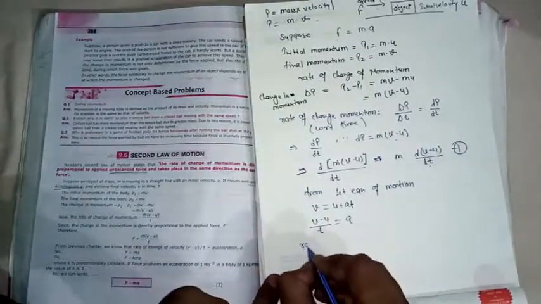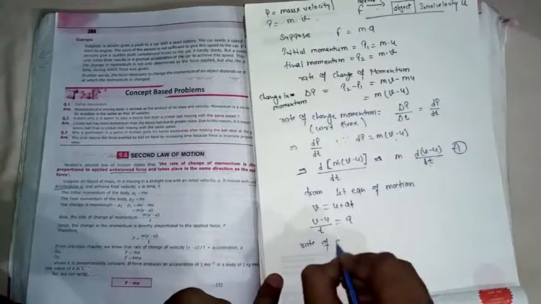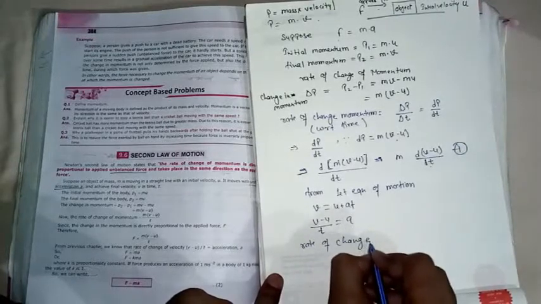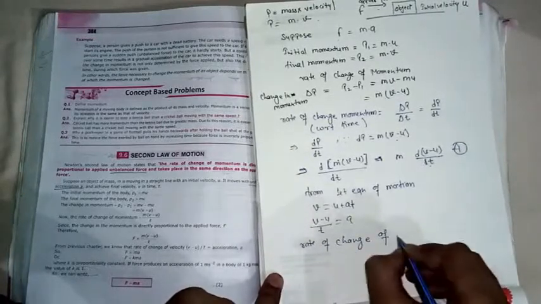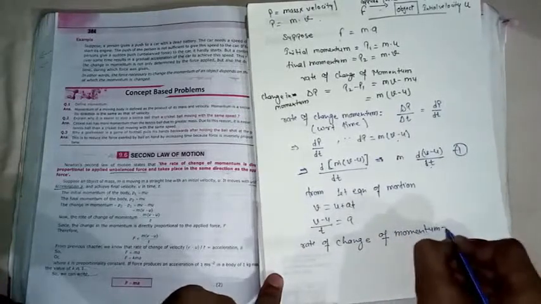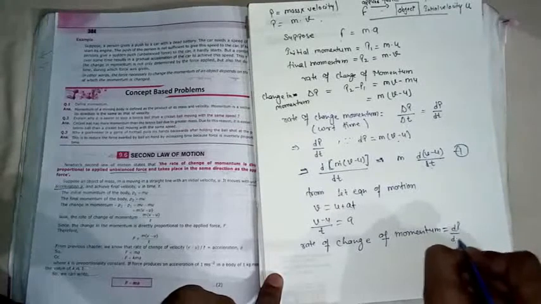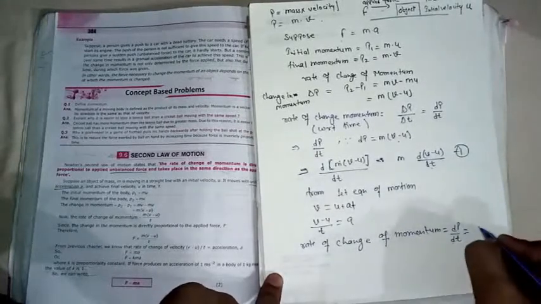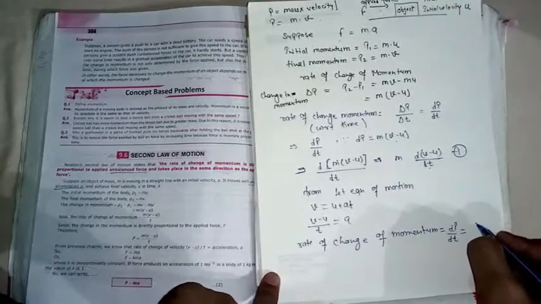So the rate of change of momentum, dP upon dt, is equal to m into a. And what is this?